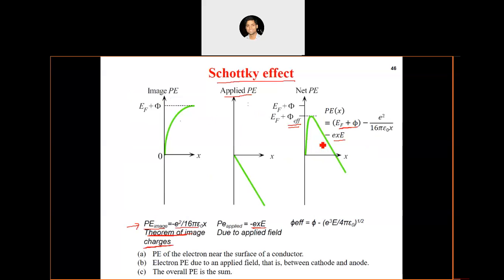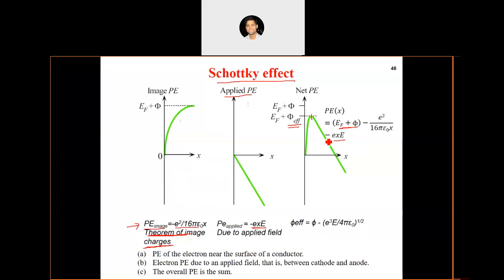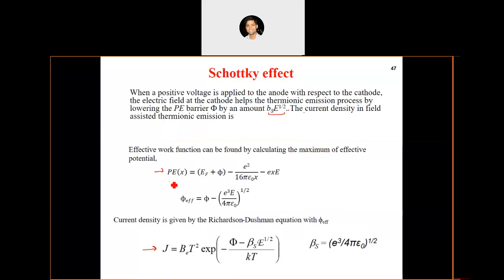Now how can we find out the effective work function after the application of this external electric field? That is very easy. We need to find out where the maximum is occurring and then find the value at this maximum. For that we know the potential energy as a function of x.